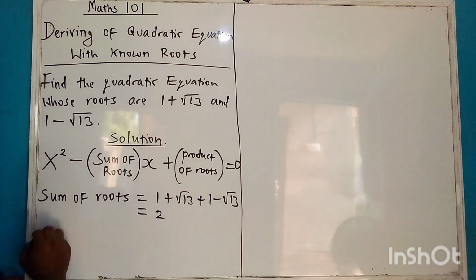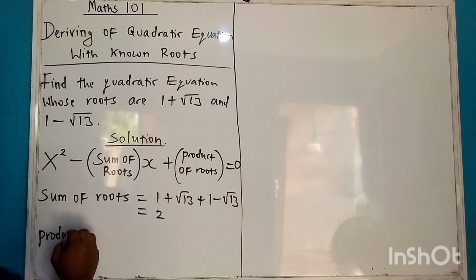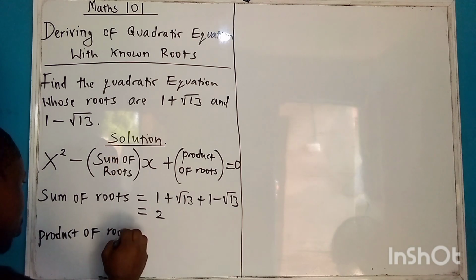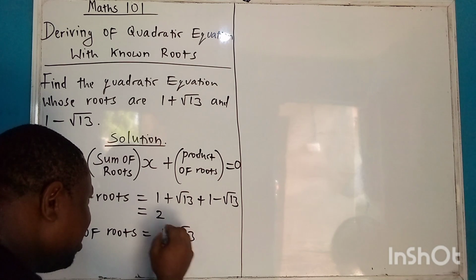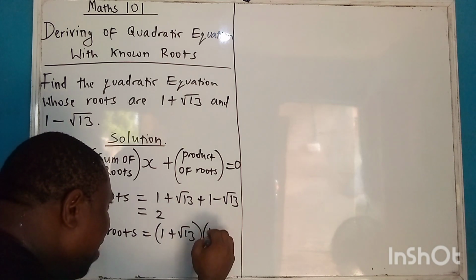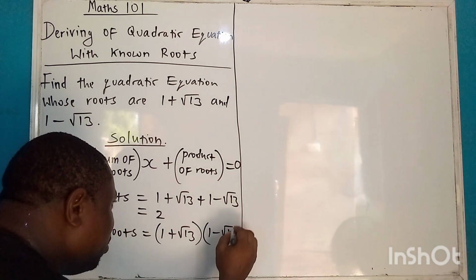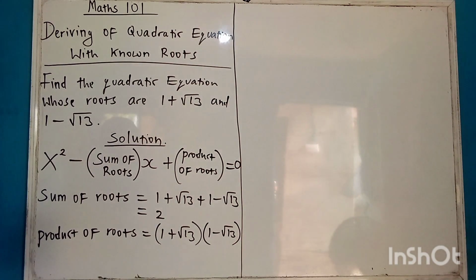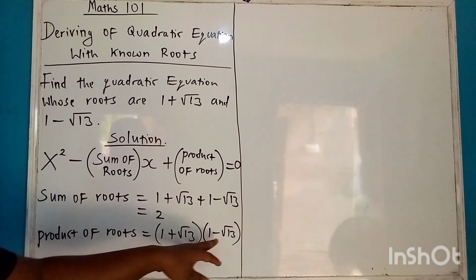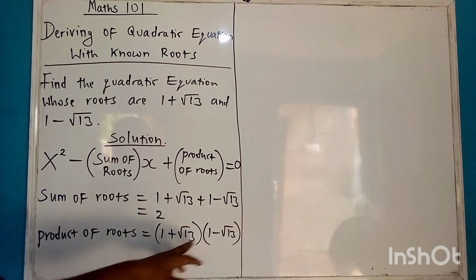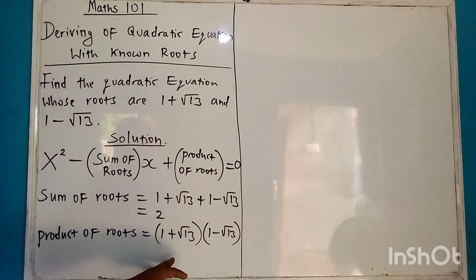So let's find the product. Product of roots means 1 plus root 13 multiplied by 1 minus root 13. Now, you don't need to waste your time. When you find any expressions like this that are the same but have opposite signs separating them, you know it's a difference of two squares.